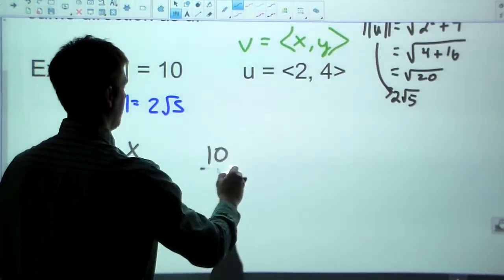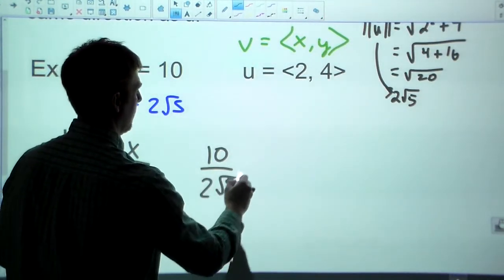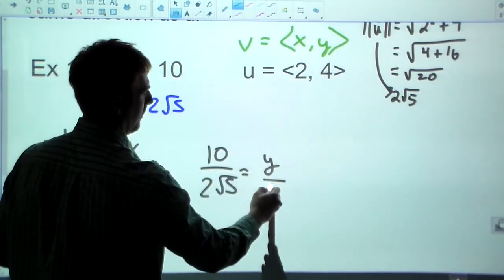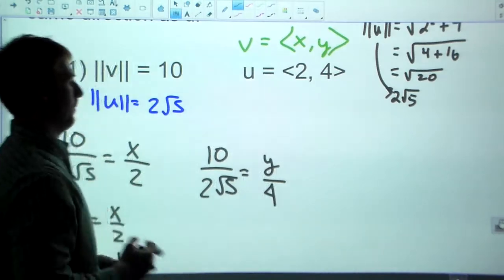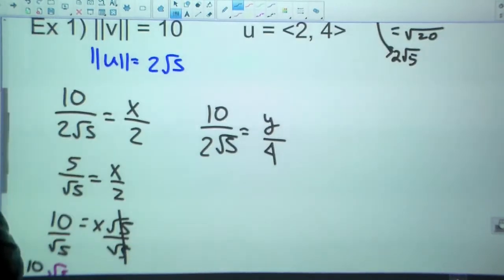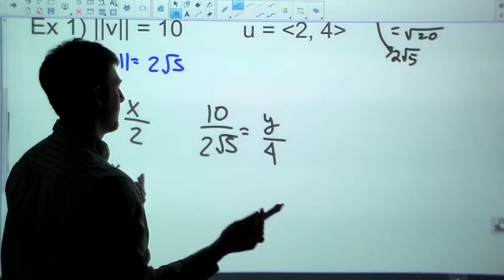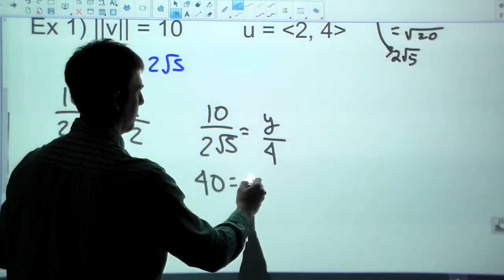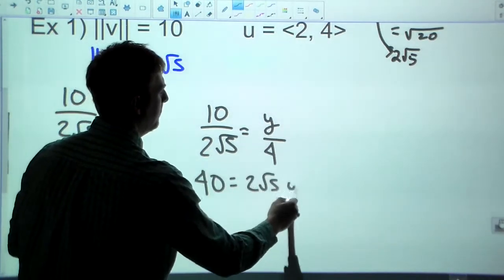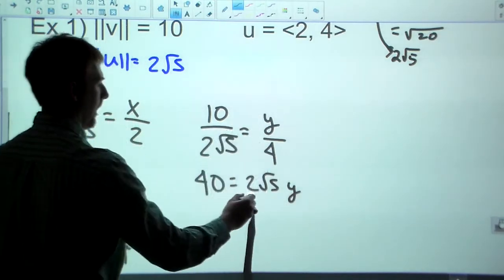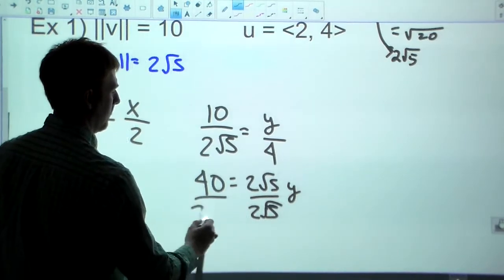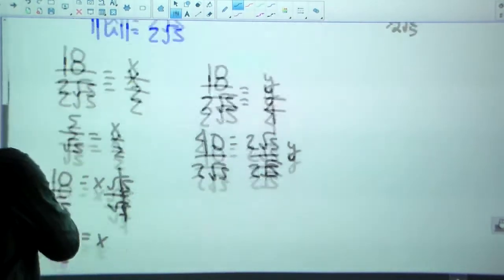Same idea. I know my magnitudes. I don't know the y component of vector v, but I do know the y component for u is 4. This time maybe I'll try it without reducing in the beginning, just to show you the difference, but it really doesn't matter. So cross multiply, I want to divide off 2 square root of 5 on both sides.